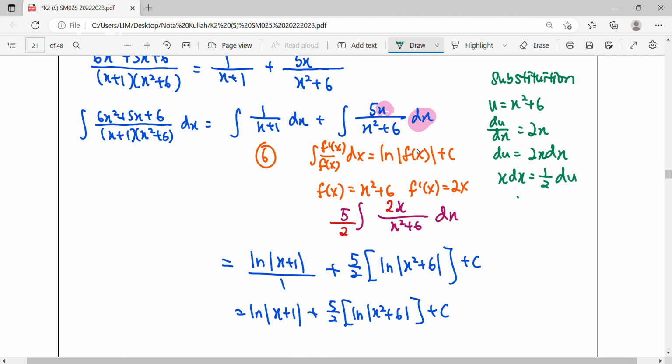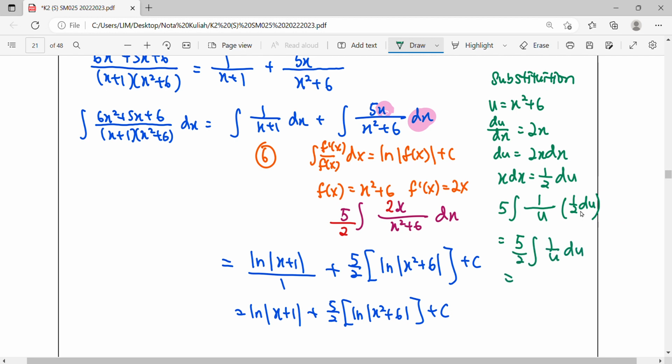Therefore, we integrate 5, we factorize out, so 1 over u, where this x dx is substituted by 1 over 2 du. Here, we factorize out our constant 1 over 2. We only integrate 1 over u du.